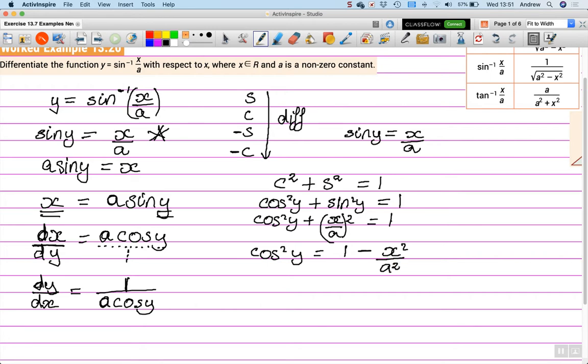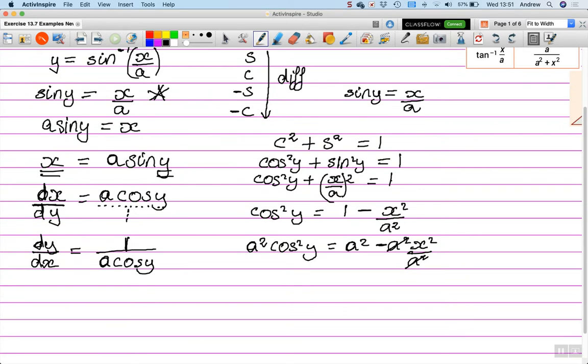Now I'm going to get rid of the fraction by multiplying everything by a squared. So I'm going to have a squared cos squared y is equal to a squared minus a squared on x squared over a squared, and that's going to cancel. And then from that I'm going to have a squared cos squared y is equal to a squared minus x squared.